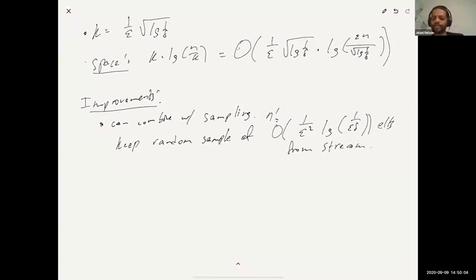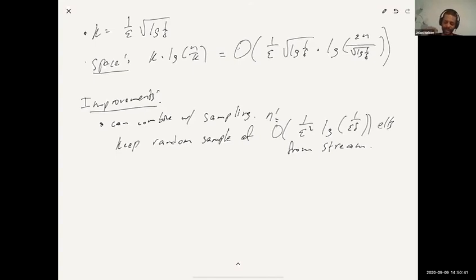Then you can show via the Chernoff-Hoeffding bound that approximate rank and quantiles are the same. Rank is like, what's the rth smallest element? Quantiles is like, what's the alpha nth smallest element, where alpha is a fraction between 0 and 1? What's at the 25th percentile? What's at the 50th percentile? Those are equivalent, since you can multiply alpha by n to get the corresponding rank, or divide the rank by n to get the corresponding quantile.